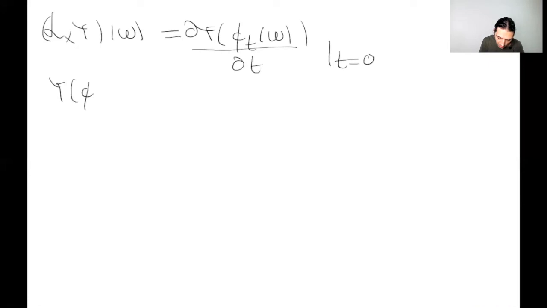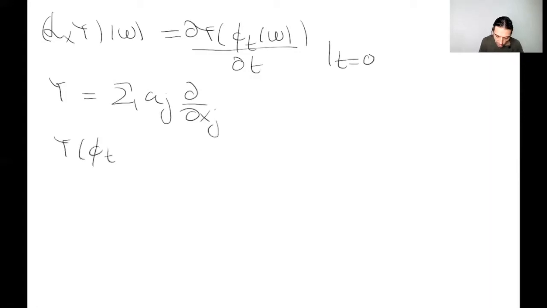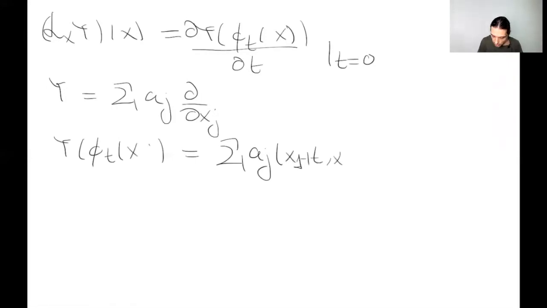But y at the point phi sub t of w: let's express what y is. Y is going to be the sum of aj times partial with respect to xj, and y at phi sub t of w is going to be the sum of aj, and let's consider here x, which is going to be simpler, x again, and this is going to be x1 plus t, x2, and so on, times the derivative with respect to xj.